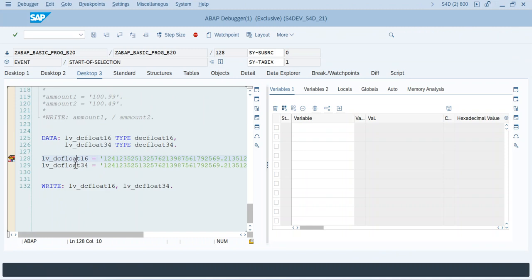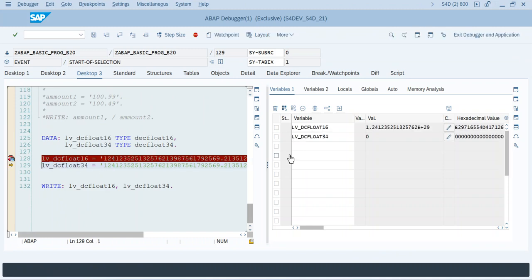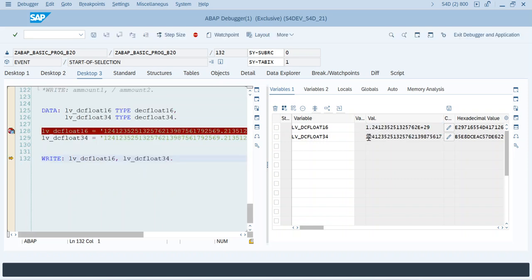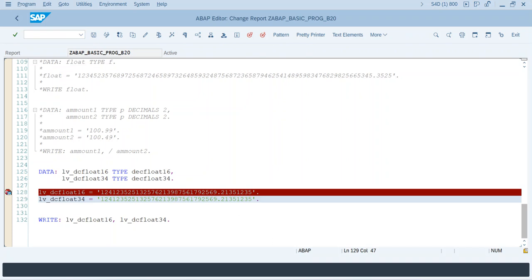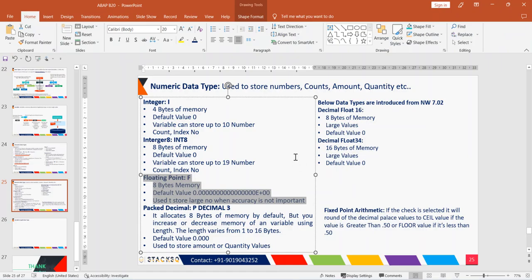Later the values are converted to floating point. Let's say this one, 34, still stores some accurate value because its memory is more compared to 16. 34 can store more accurate values. You see, this is what decimal float is. Understood? Guys, are we clear?